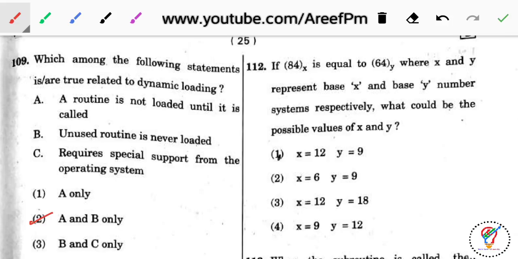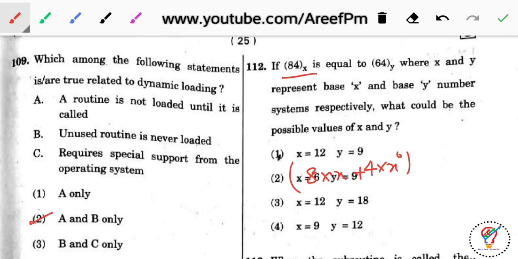If 84x is equal to 64y, where x and y are the base x and base y number systems respectively, what would be the possible values of x and y? So 84x, how can you write it? I will write it as 4 into x power 0 plus 8 into x.